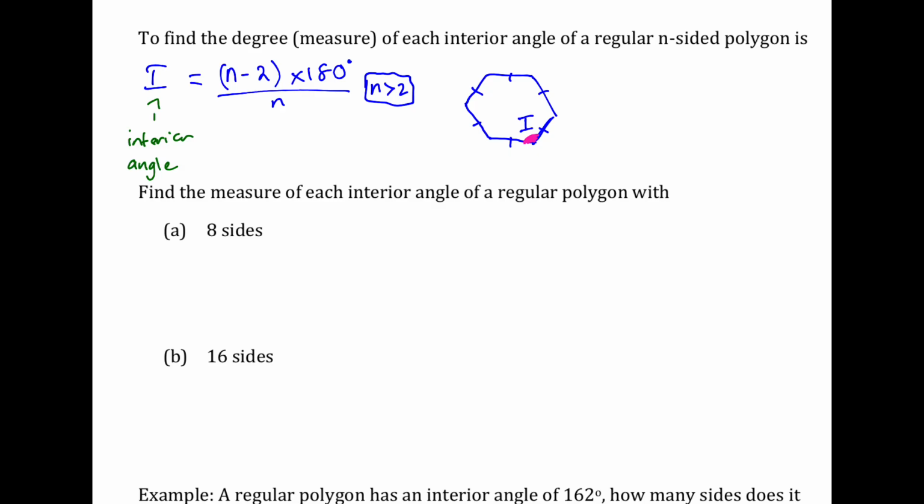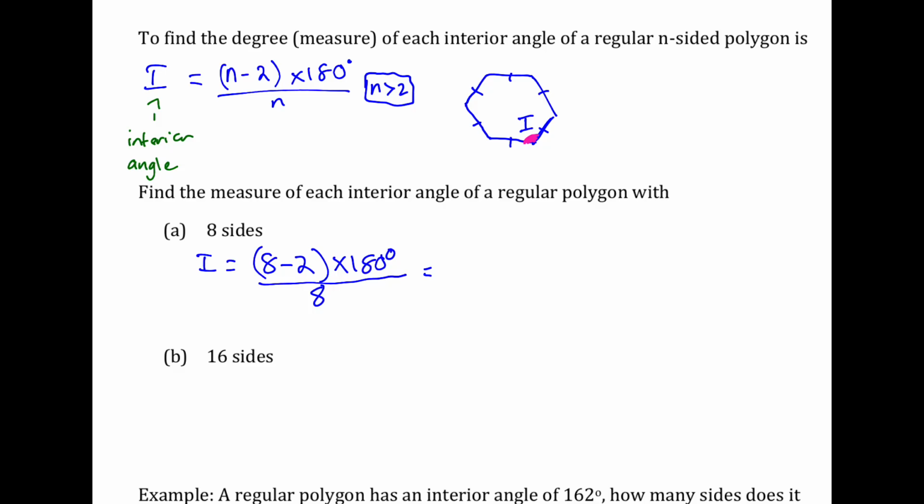So for an 8-sided shape, we're going to use the formula I is equal to 8 minus 2 times 180 degrees over 8. And we're just going to get that out of our calculator. So we're just going to go 6 times 180 divided by 8.